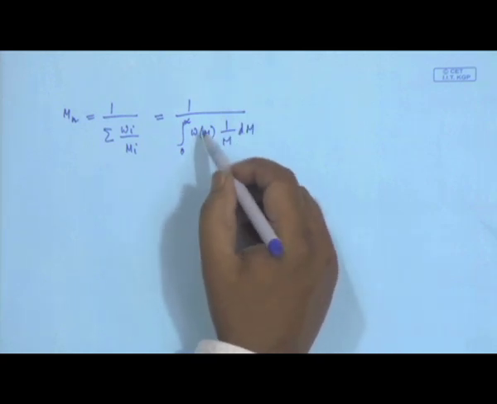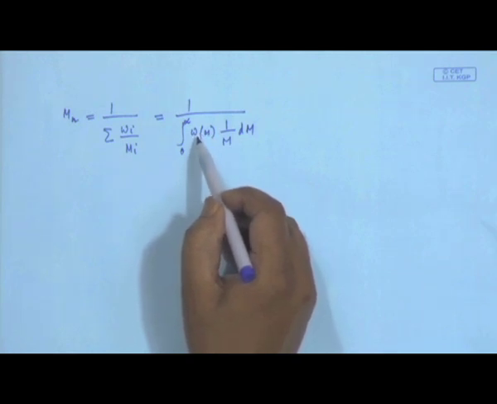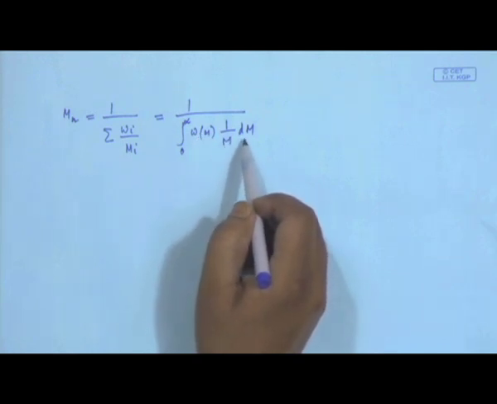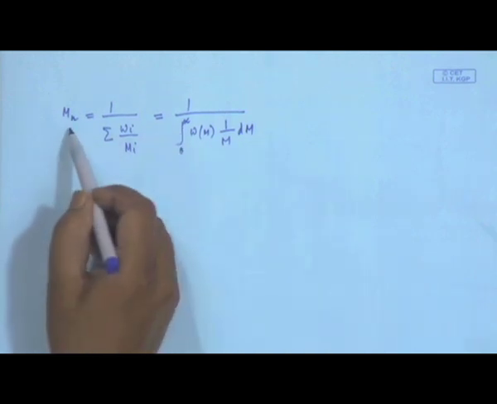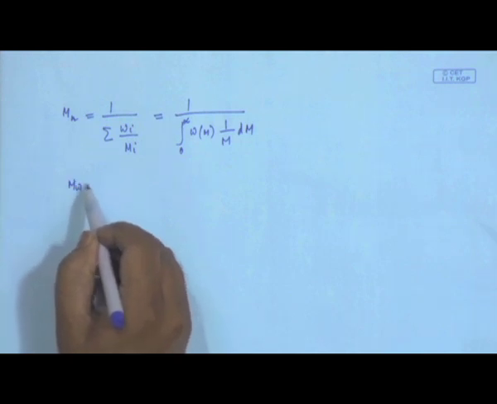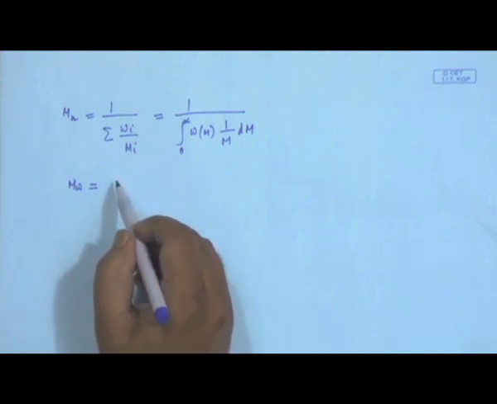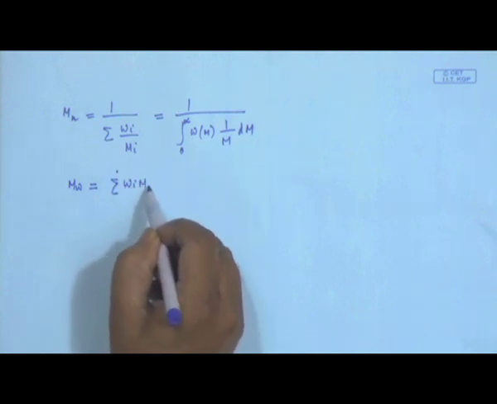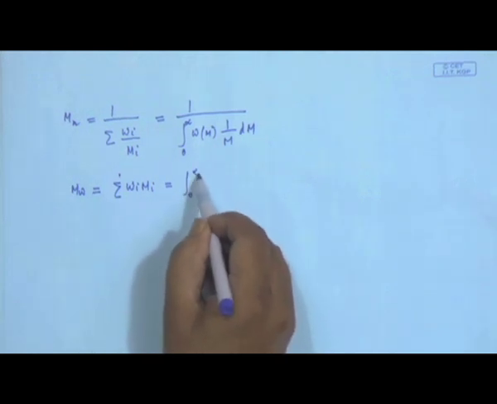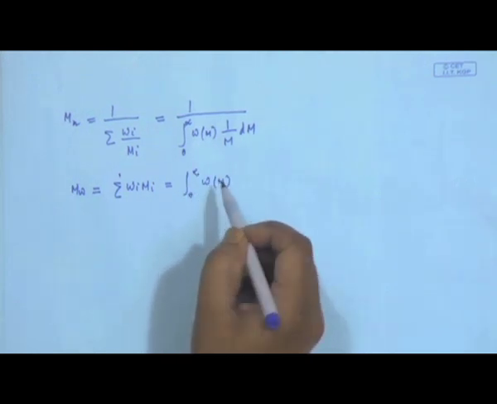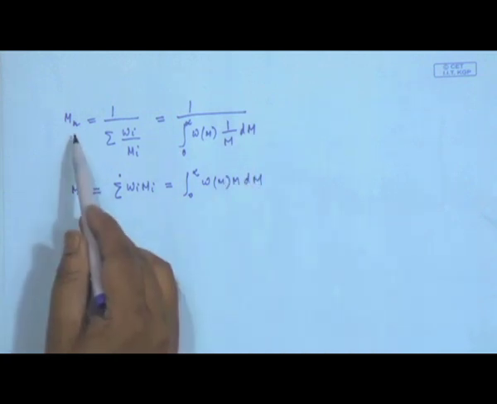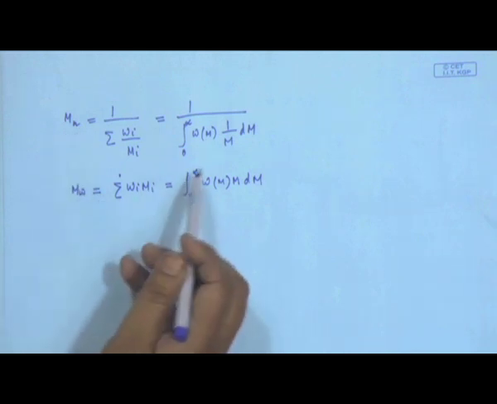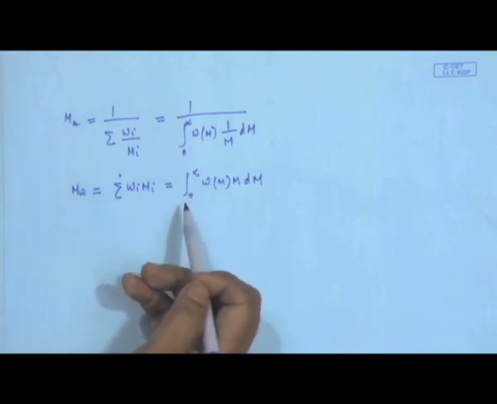So we need to plot the weight fraction distribution against molecular weight and integrate it, which will give us Mn. Similarly, the weight average molecular weight Mw can be obtained from this formula. This is an example of Mn and Mw expressed in integral form.